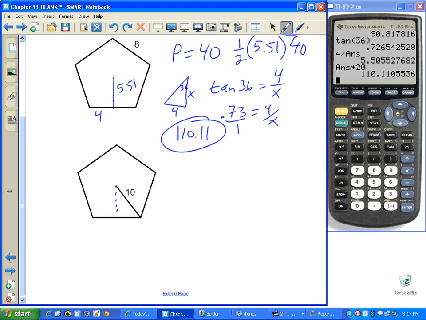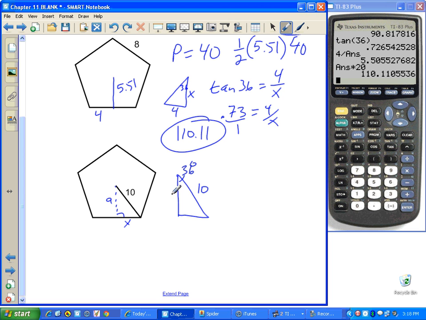All right, let's see what happens when we have our radius. Now I need to find both things. I need to find my apothem, and I need to find x over here. We use SOHCAHTOA again. Okay, 360 divided by 5 will give me my central angle. Cut it in half again. I'll get 36 degrees.